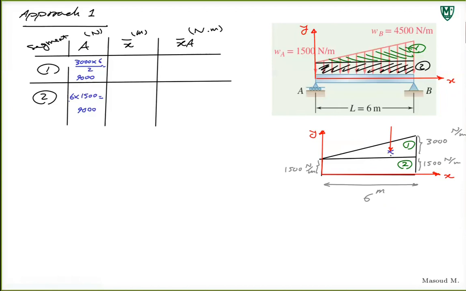Remember, for a triangle, I can find how far this centroid is located from the base, and that's 1/3 of the height. So height is 6 divided by 3 is 2. That means the value for x bar, if I take this as x bar in my coordinate, x bar for segment 1, that's 6 minus 2, it becomes 4.